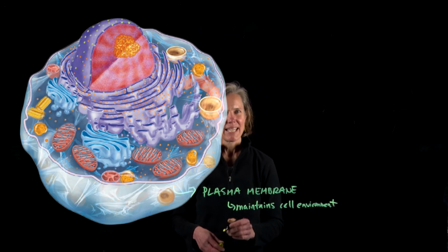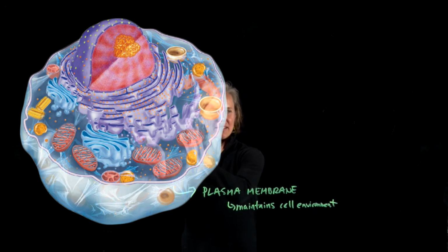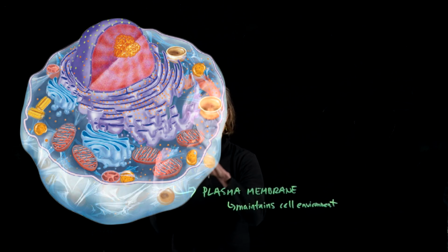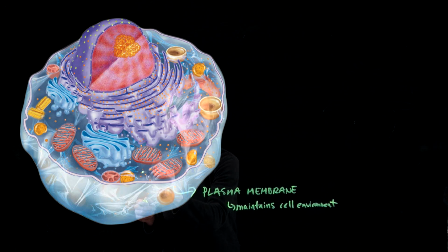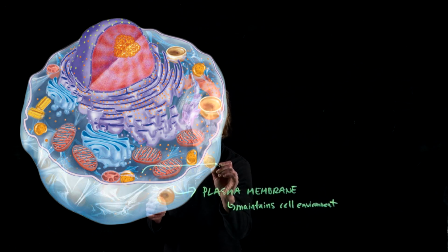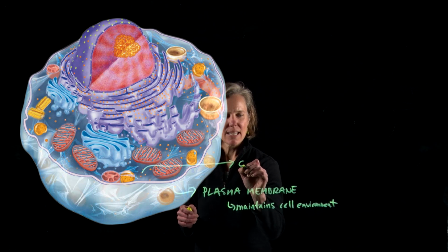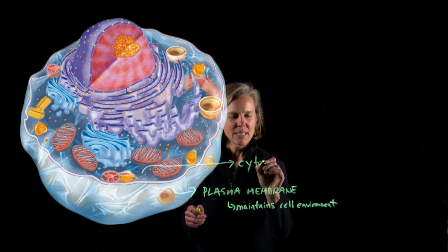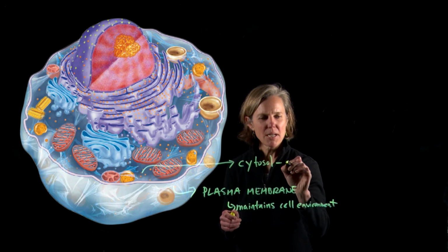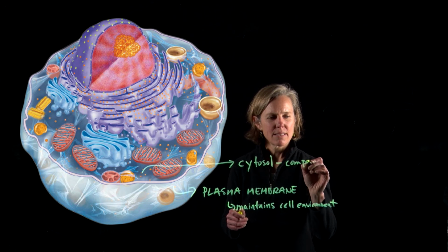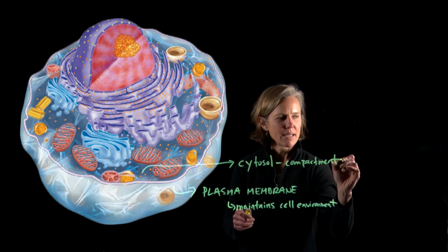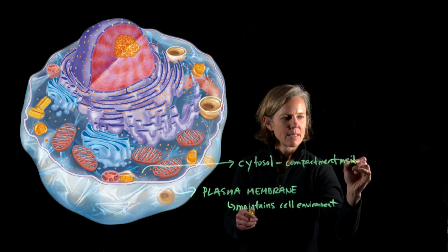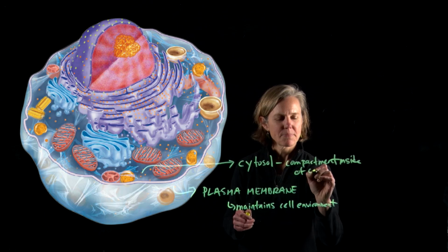Okay. Inside of the cell, everything that's inside of the plasma membrane but outside of the organelles is referred to as the cytosol. So that's the compartment inside of the cell membrane.